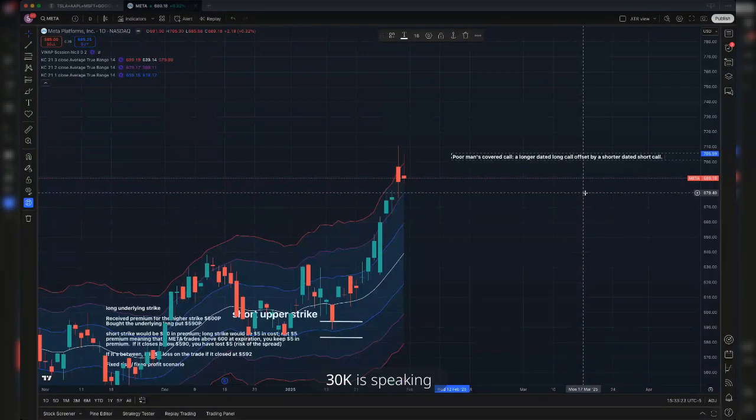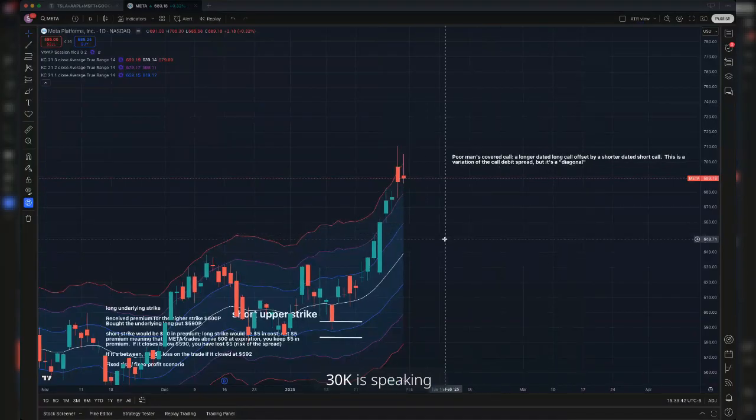And so this is a variation of the call debit spread, but it's a diagonal.